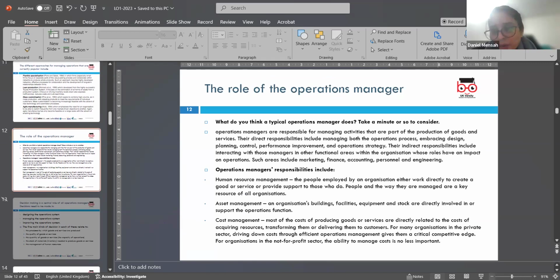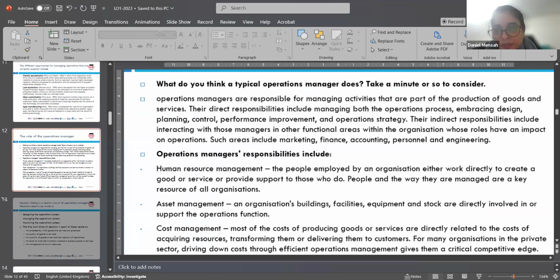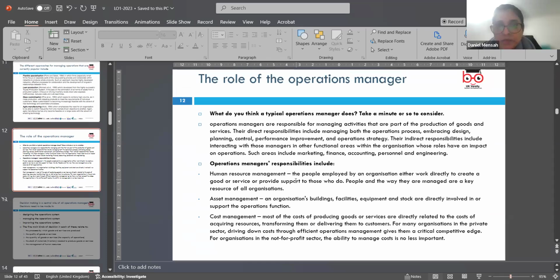So there are some roles that these production operation managers are taking. They are mainly responsible for managing activities that are part of the production of goods and services. As I told, we need to bear in mind throughout this module that these operations are mainly related to the production of goods and services.